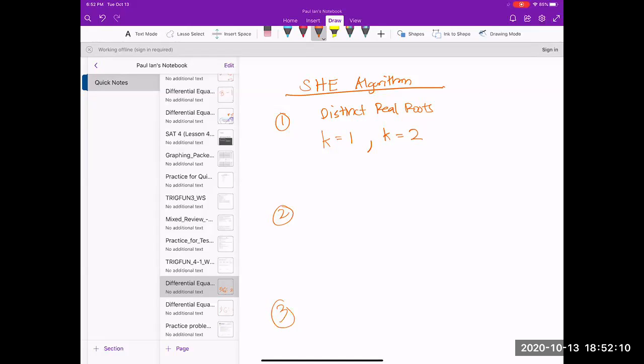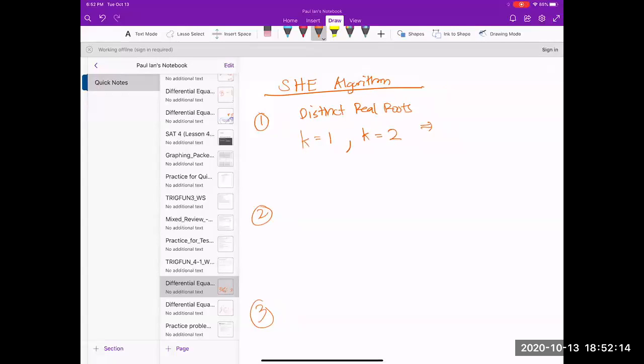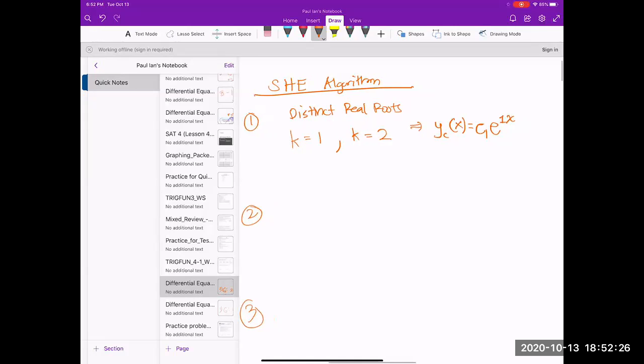So when you have the distinct real roots, your general solution, your complementary solution looks like C1 e to the 1x plus C2 e to the 2x.